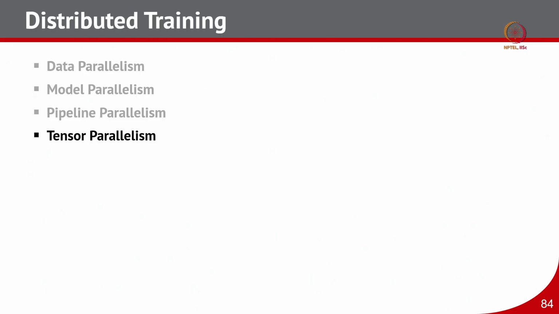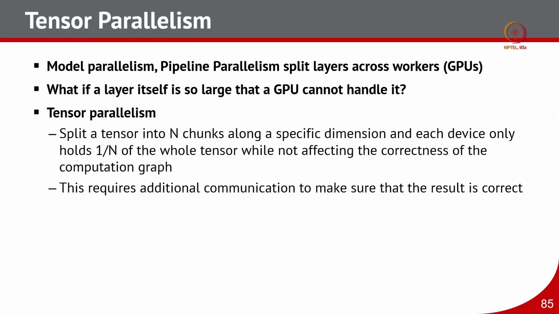Now, with that let us discuss the last parallelism in distributed training, which is tensor parallelism. So far we have seen data parallelism, model parallelism and pipeline parallelism. Tensor parallelism is again simpler. In model parallelism and pipeline parallelism we split the layers across the workers. If we have n layers, we assign some of the layers to some of the GPUs.